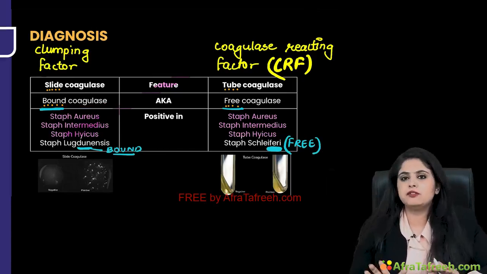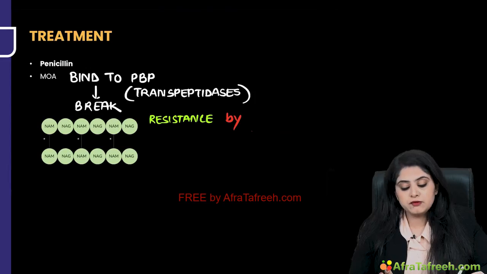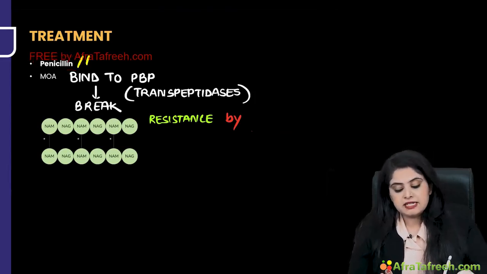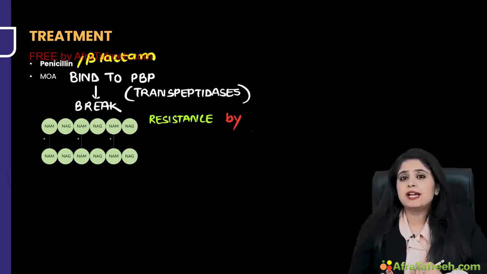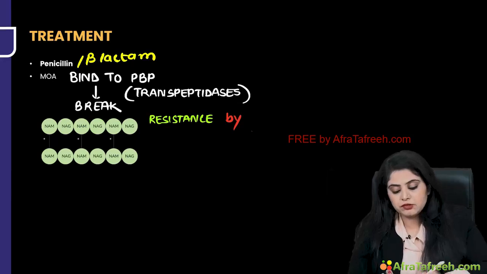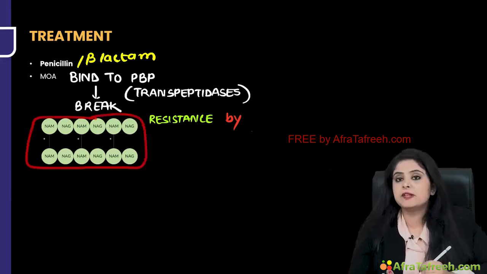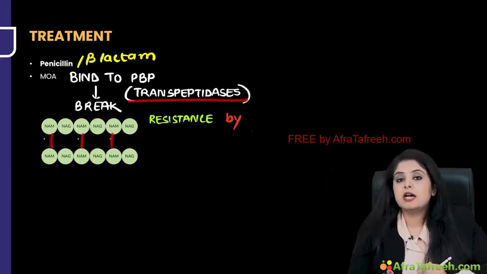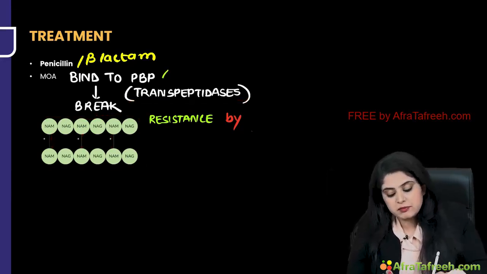All your Staph aureus features are done. We also need to touch upon the treatment, guys. What is the treatment for Staphylococcus aureus? It is going to be penicillin, that is nothing but beta-lactams. How does the beta-lactam act in the body on a bacteria? So if you all remember, this was the structure of a bacteria that I have over here, and all the bacteria has certain things called transpeptidases. What are transpeptidases?